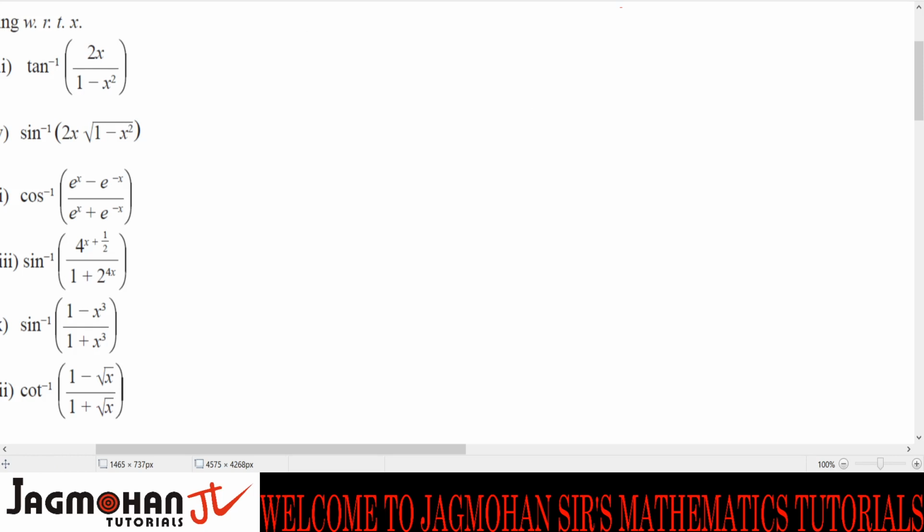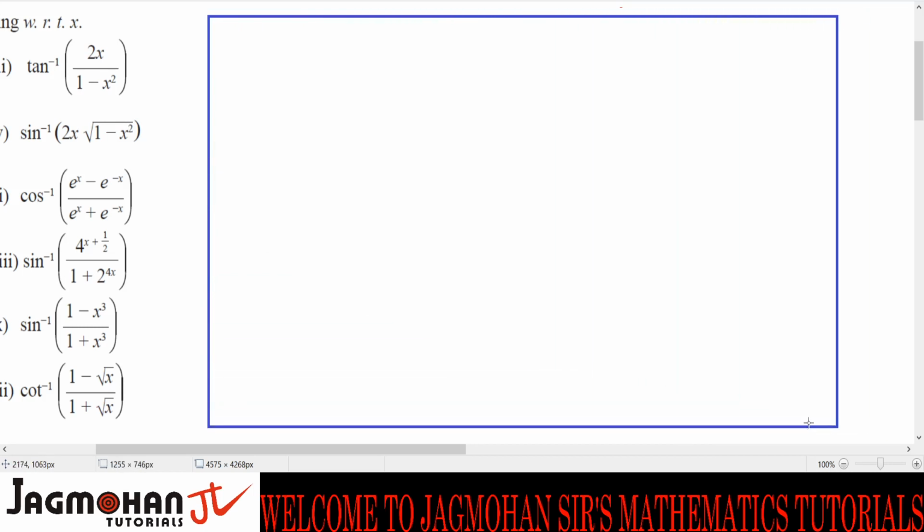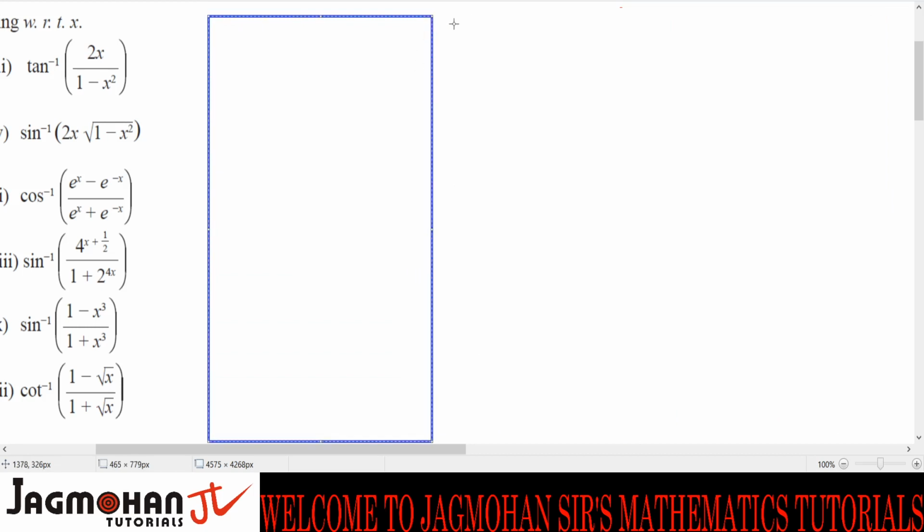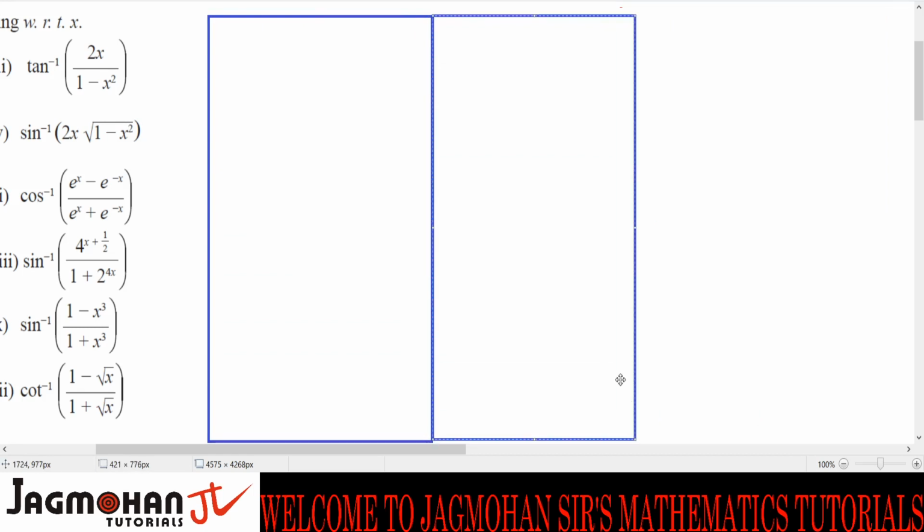In the first column I will write expression, and in the second column I will write substitution.